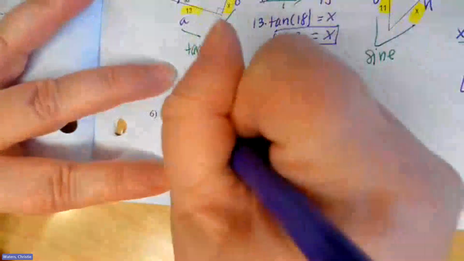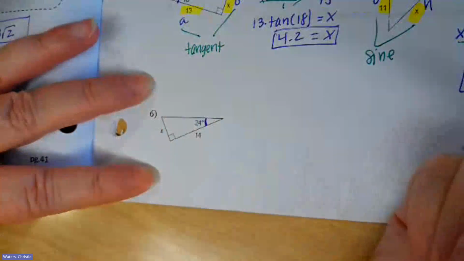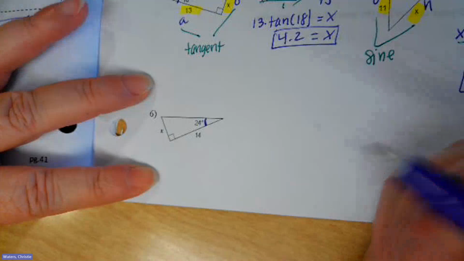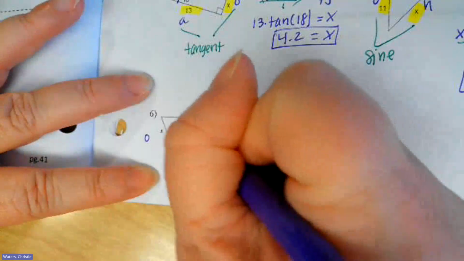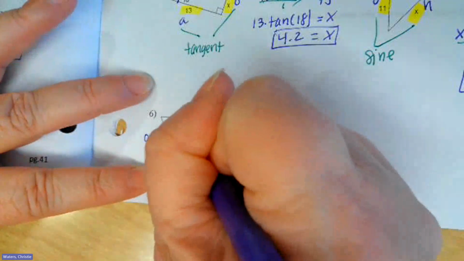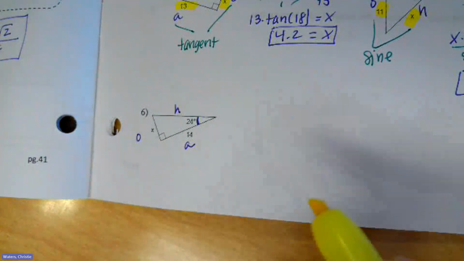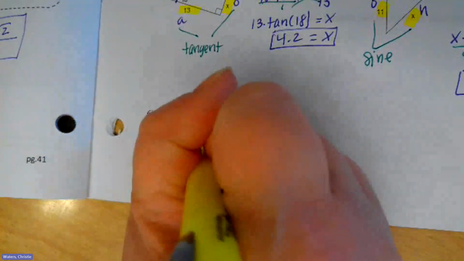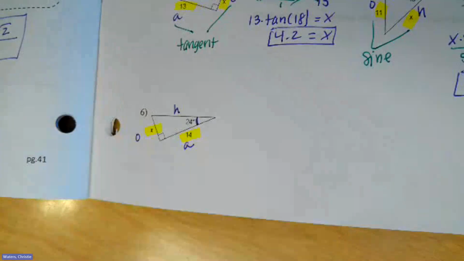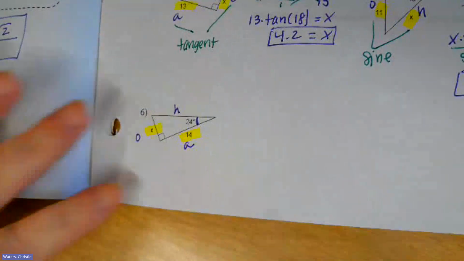Once again, we start every problem by labeling the sides with O, A, and H. So this is my opposite, this is my hypotenuse, this is the adjacent. Then I zero in on the two sides that have labels. That side has a label and that side has a label. Those are the adjacent side and the opposite side.